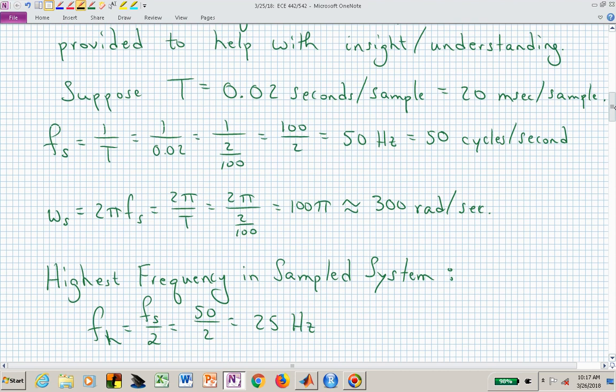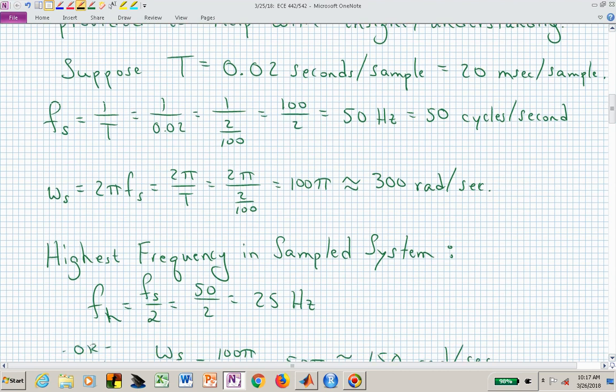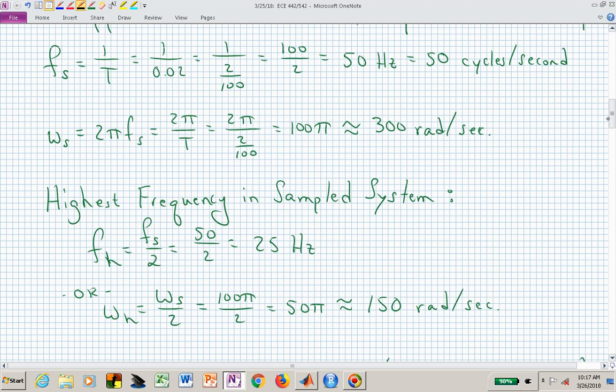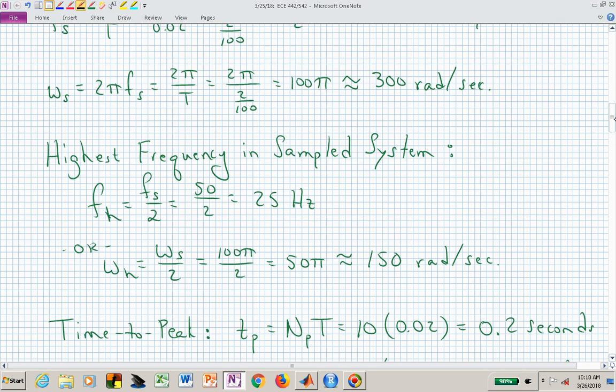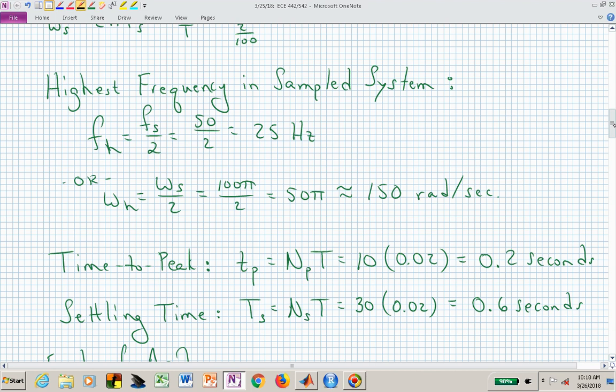The highest frequency in this sampled system that we will be able to identify is limited to half the sampling frequency, and we'll show that in subsequent videos. Here that means that if we're sampling at 50 hertz, the highest frequency we can distinguish is 25 hertz, or in radians per second, 150 radians per second.